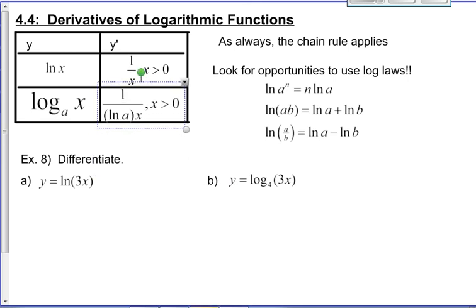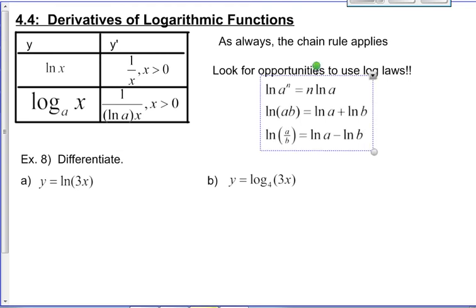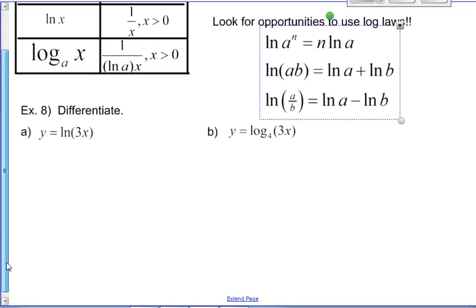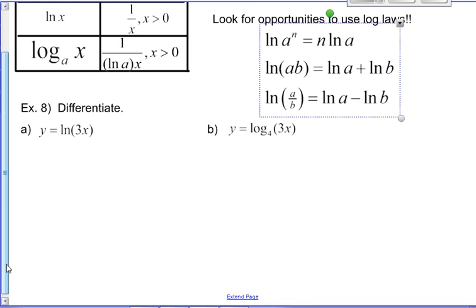Okay, so let's try this out. Chain rule is going to apply. And we also look for opportunities to use our log laws. And the more you use these, the easier the differentiation will be. And I'll show you that in a couple of examples here. So the very first one, we've got y equals ln 3x. dy by dx, therefore, is going to be 1 over 3x.